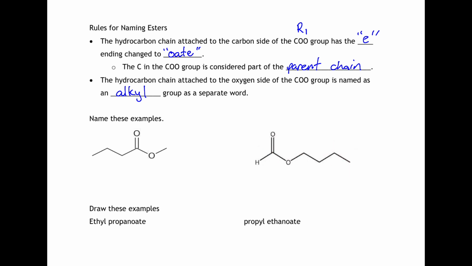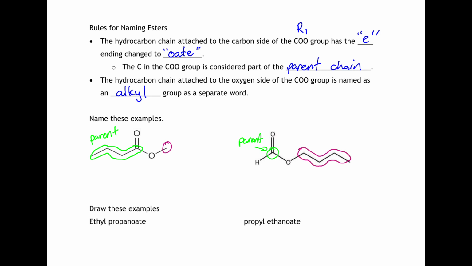They both have 5 carbons, but they're going to have two different names based on which part is going to be the parent. So in the very first one here, the parent chain is this part, and this is the added group. In this next one, I'll do it the same way before I write the names in. This is my parent chain, and then this is the extra group.